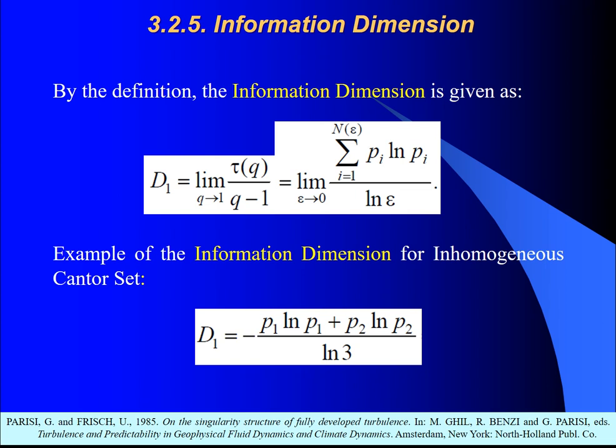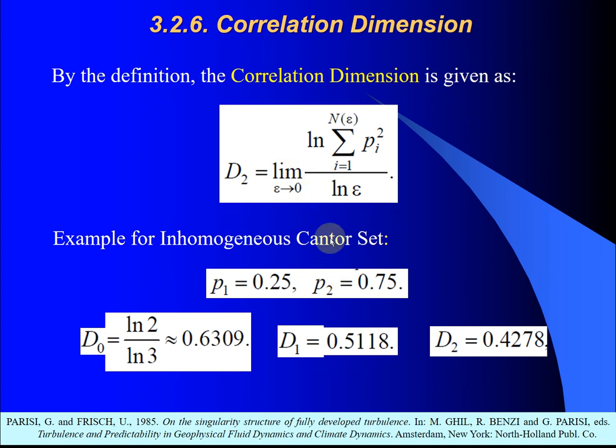And now we can see that information dimension is one of the cases of generalized dimensions. If parameter Q is equal to 1, we obtain namely the information dimension. And for the inhomogeneous Cantor set, for example, we have such an expression. Another way, when Q is equal to 2, we obtain another dimension, the correlation dimension.